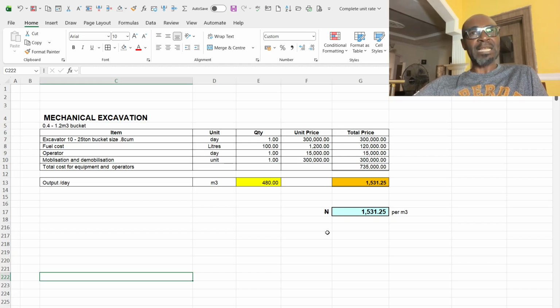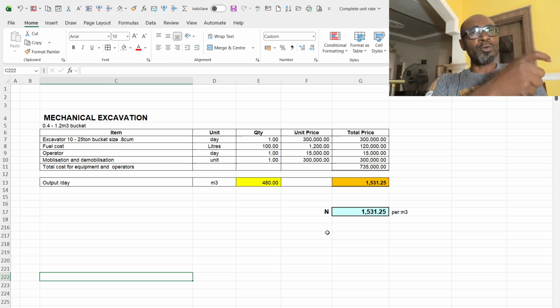And these excavators are graded, they are of different sizes, and they are rated between 0 and 5 ton, 5 and 10 ton, 10 to 25 ton, then 25 to 50 tons.